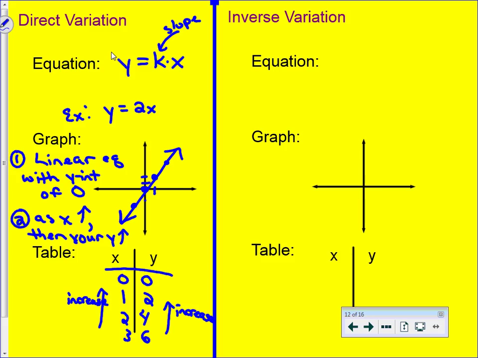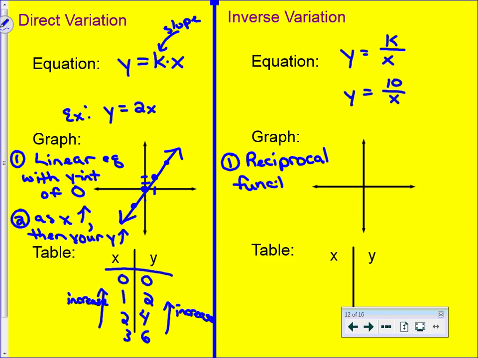If we look at now our inverse variation, we know that our equation is y equals k over x. And if we look at the graphical approach, again, that constant can be absolutely any number that you want. It doesn't matter what number that is. I'm going to pick the number 10 as we look through here. And some of you see this equation, you see a fraction, you know that there's going to be a couple important things here. The first important point is that we have a reciprocal function.